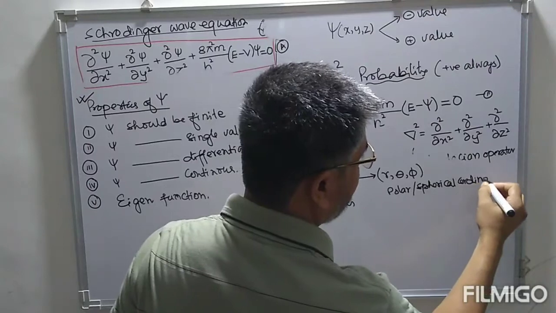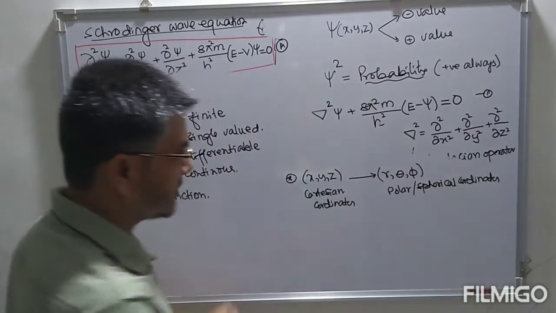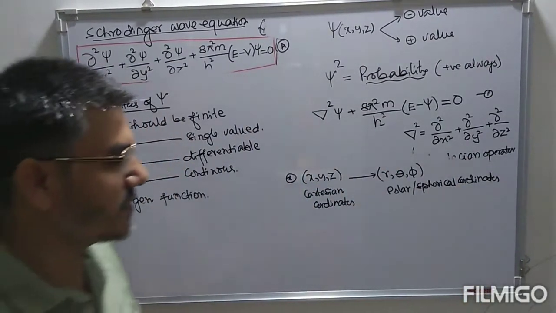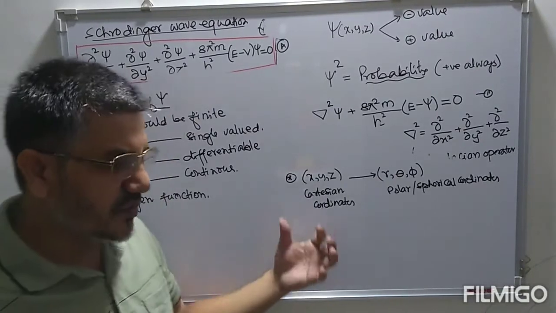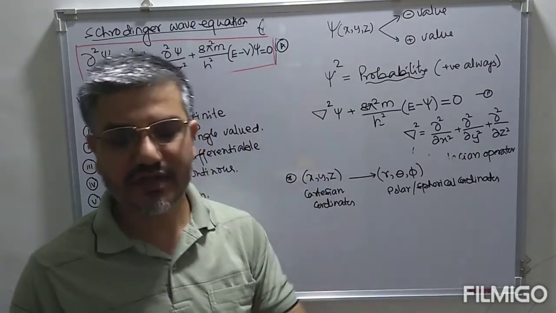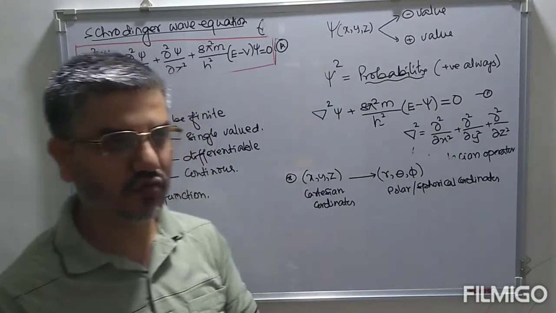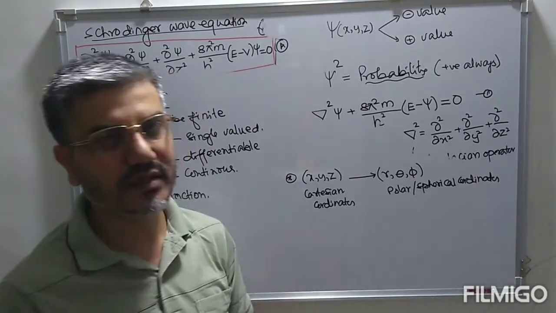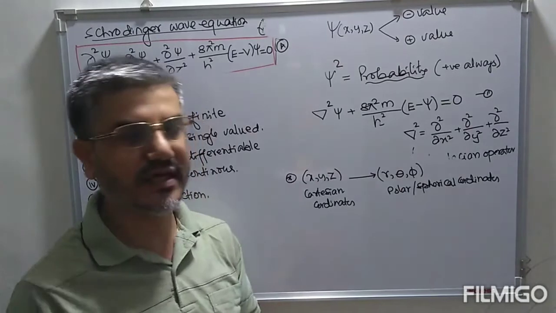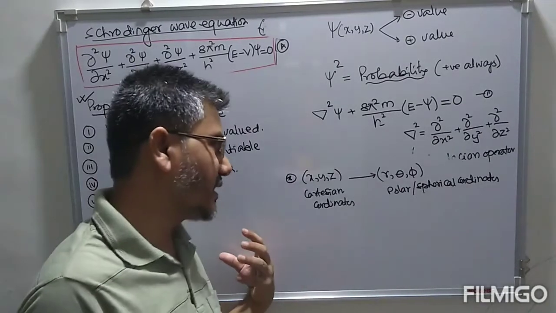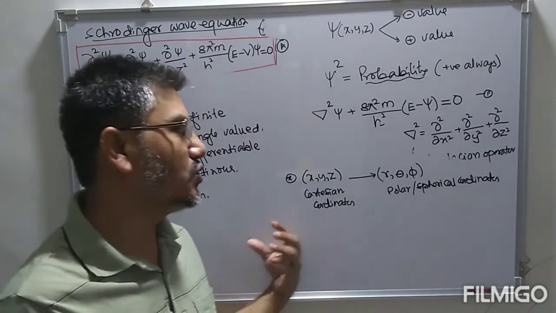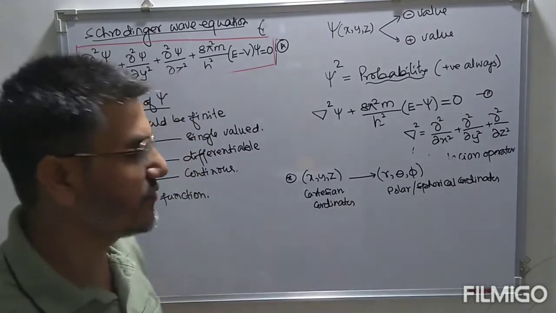So, what is the requirement for this conversion of Cartesian coordinates into polar coordinates r, theta, phi? The reason is that we consider atoms to be spherical in shape. So, to explain the spherical nature of atoms, it is better to convert these Cartesian coordinates into polar coordinates r, theta, and phi.